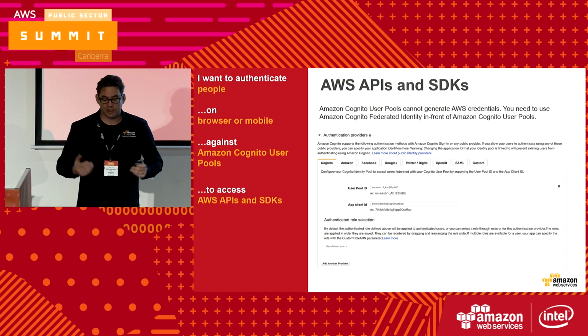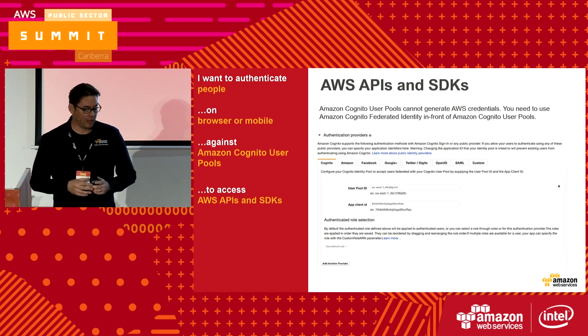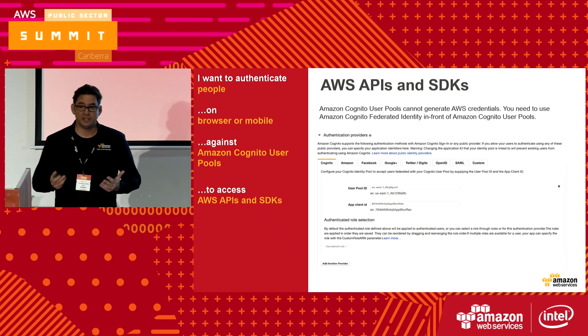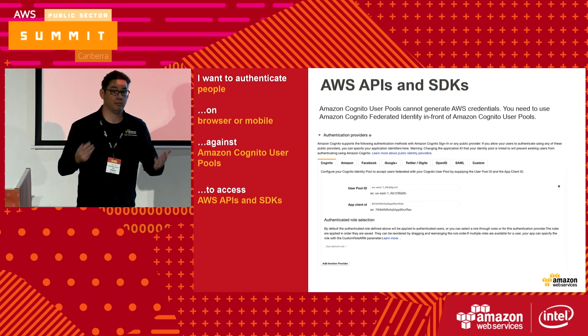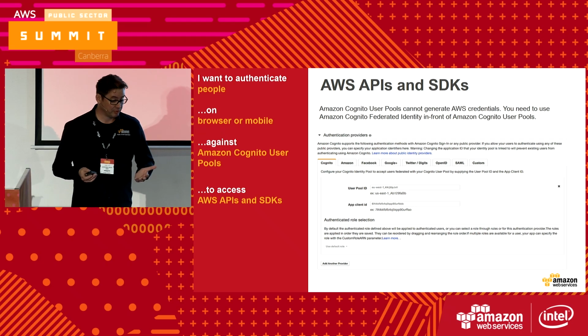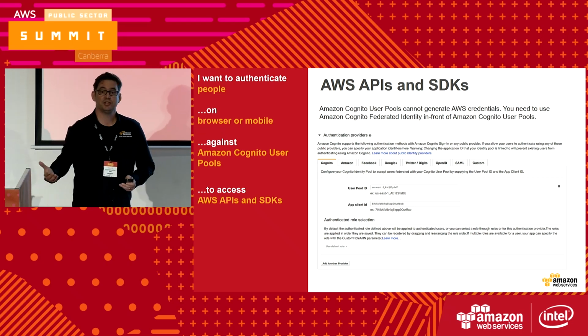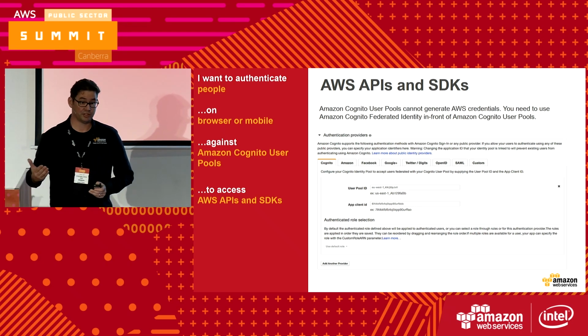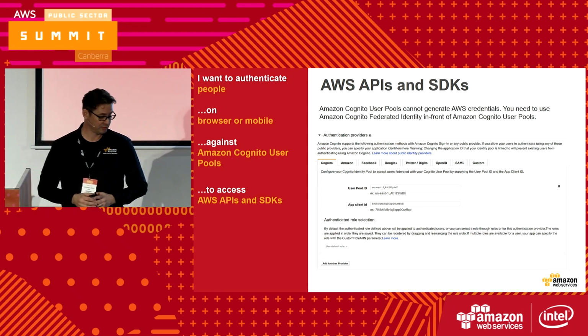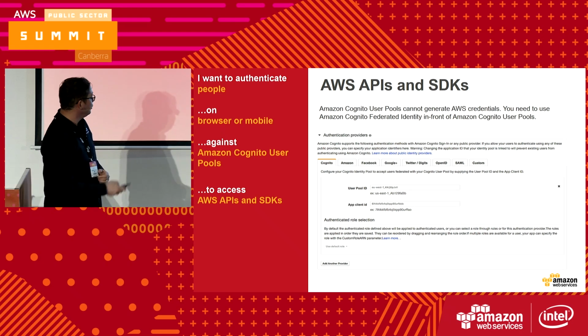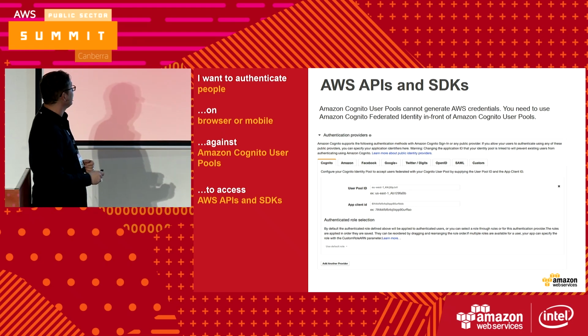Well, this is where federated identities come in. As mentioned before, federated identities allows you to hook up third-party identity providers, and it provides you a consistent interface to exchange those tokens for IAM credentials. And in the same way, you can configure Cognito to do the same thing.